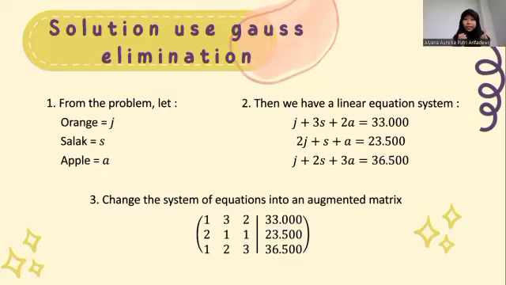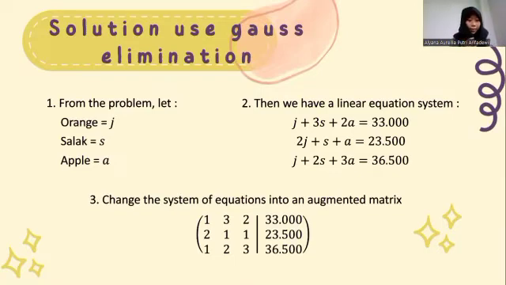The first equation is G plus 3S plus 2A is equal to 33,000. The second equation is 2G plus S plus A is equal to 23,500. And the last equation is G plus 2S plus 3A is equal to 36,500.